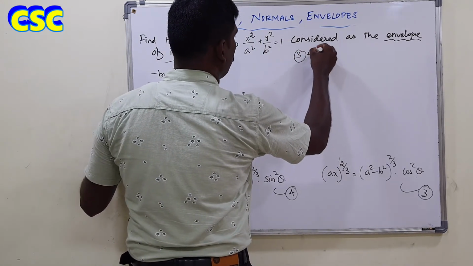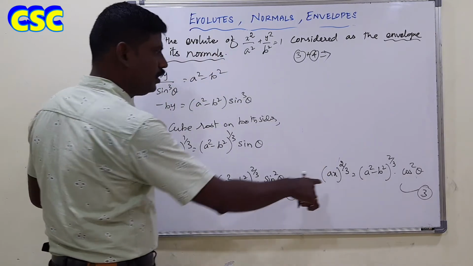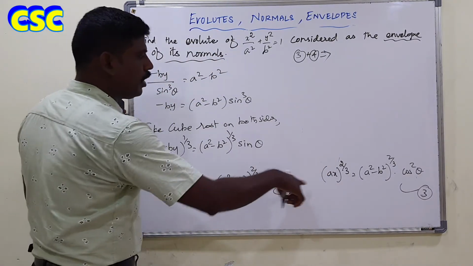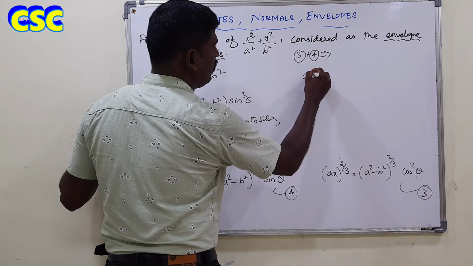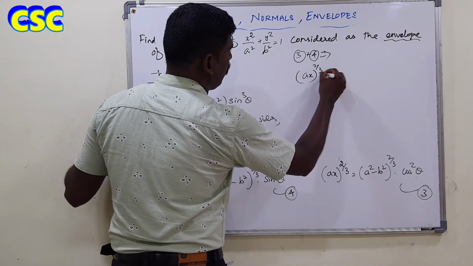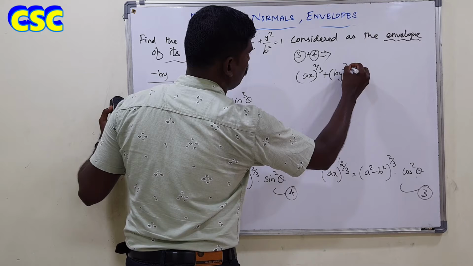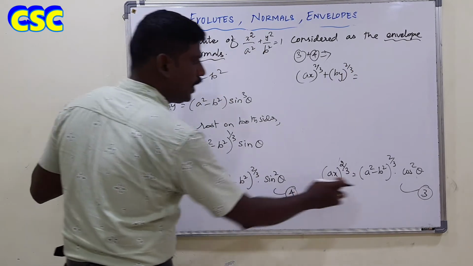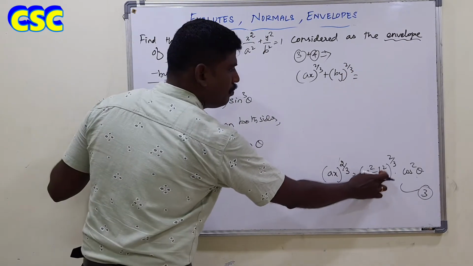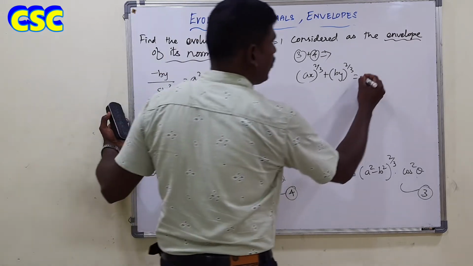3 plus 4 implies, what is 3? It is here. What is 4? It is here. So I am going to add both of them. What will the left hand side become? Ax power 2 by 3 plus by power 2 by 3 is equal to, look at the right hand side of 3 and 4: a square minus b square power 2 by 3 is common. So I am taking it as common.